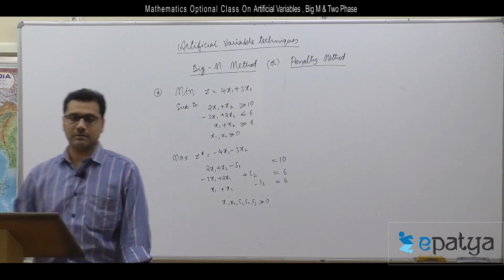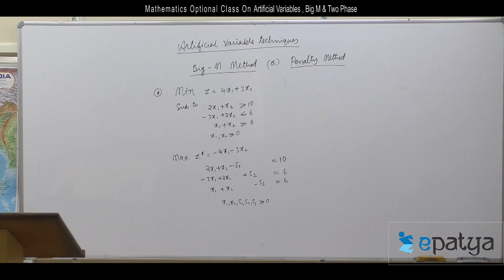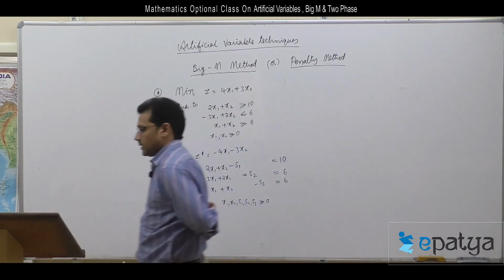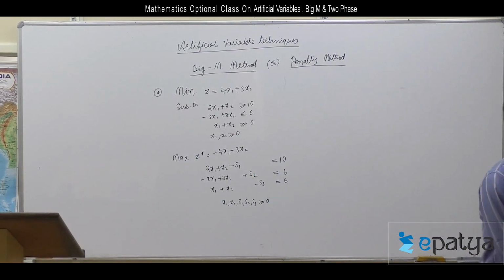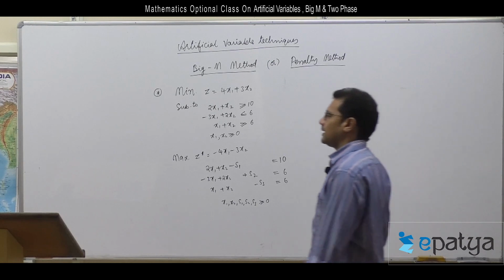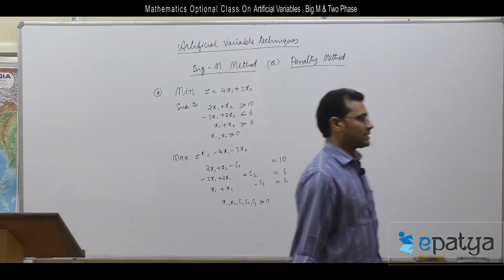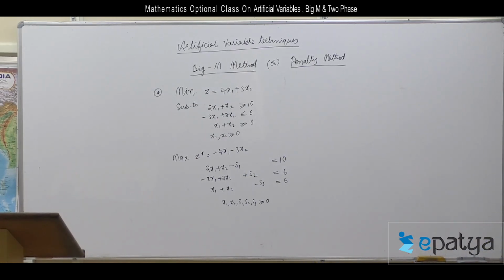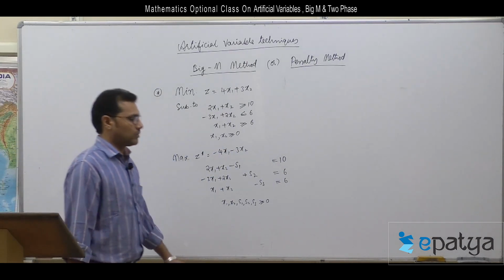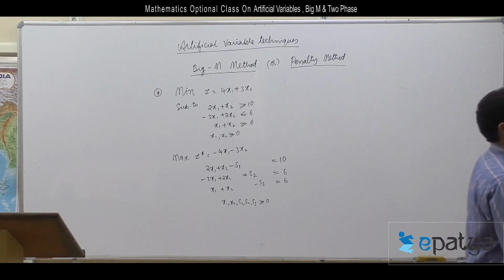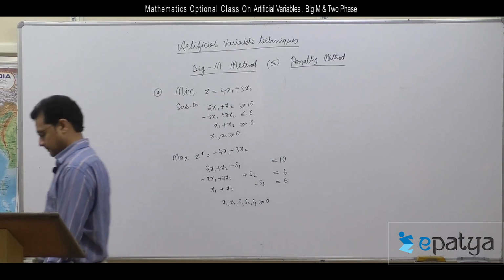Introducing artificial variables A1 and A2 in the constraints and assigning minus M cost to the artificial variables in the objective function by using Big M method.